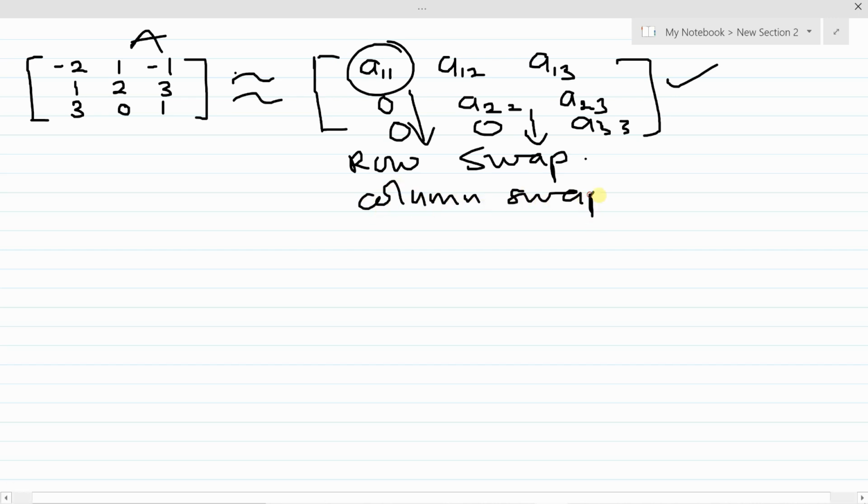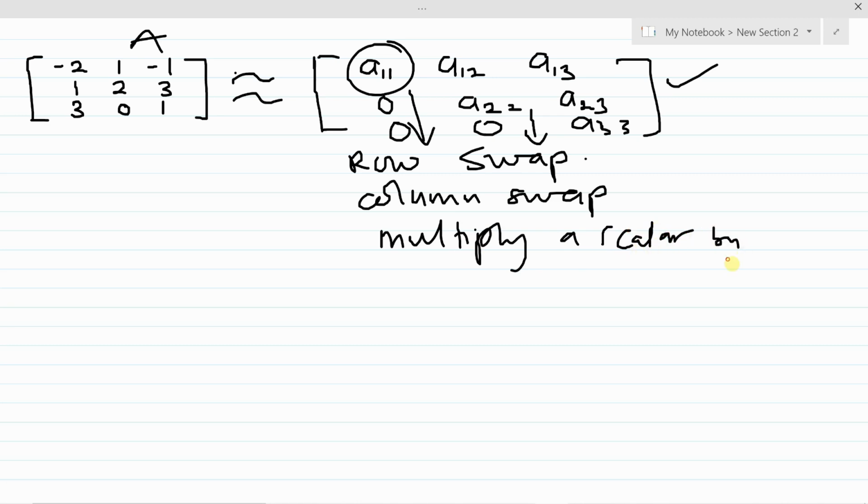You can multiply a scalar by a row, and you can add 2 rows to reduce 1 row. You can subtract as well. You can multiply by a scalar. That is how it goes.